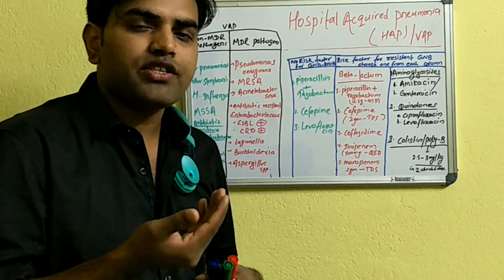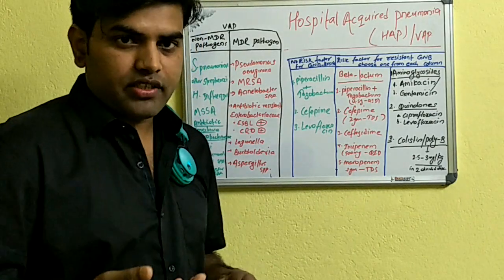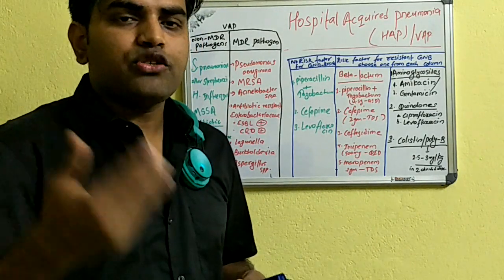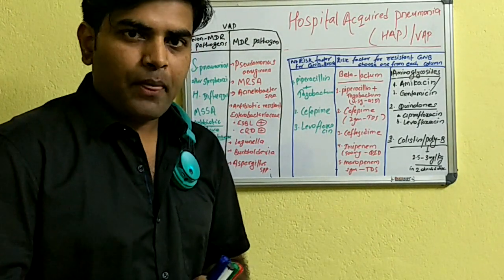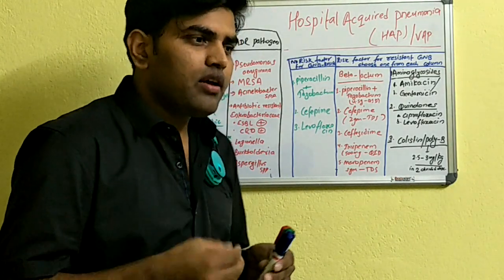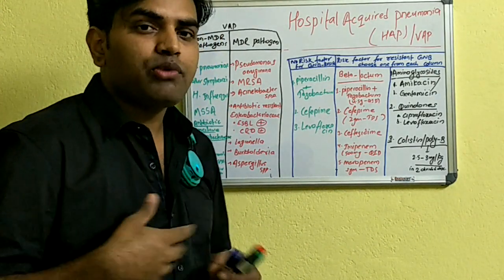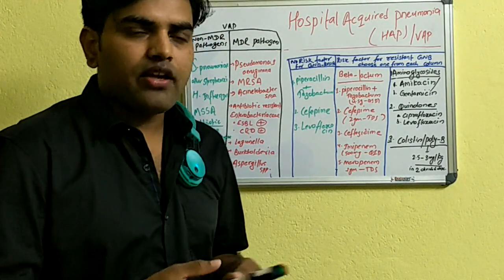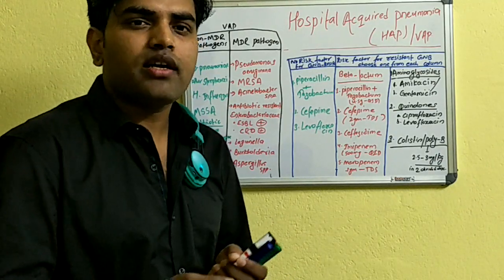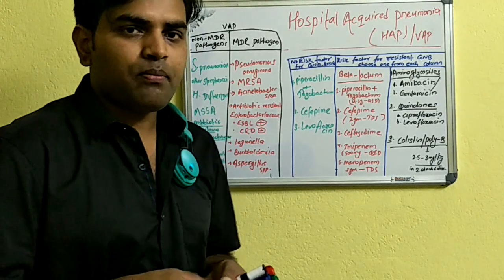If this gastric content is aspirated, there is more chance of getting pneumonitis rather than infection due to a pathogenic organism. You should understand this because if a person is taking pantoprazole or any proton pump inhibitor, then we have to think of polymicrobial organisms as well. If not, then we have to think that it may be a non-infectious cause of pneumonia, pneumonitis.